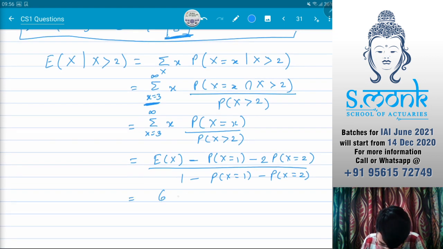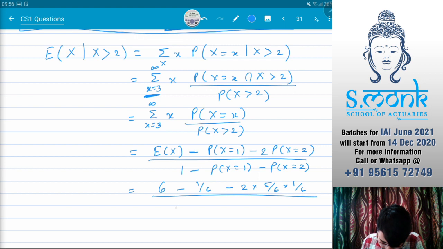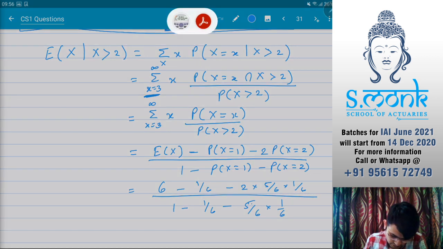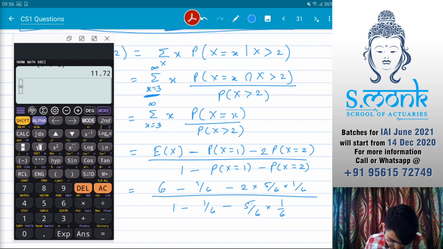So expected value is 6 minus 1 by 6 minus 2 into 5 by 6 into 1 by 6 upon... you can see we are getting 8.